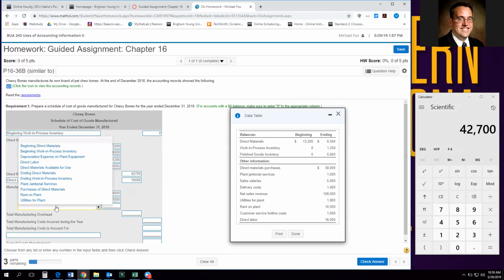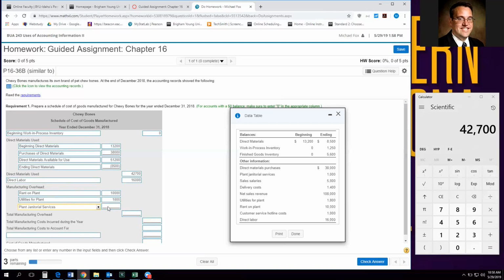So remember, manufacturing overhead are costs of manufacturing that we can't directly ascribe to any one product or anything we're making. So all of these things are plant-wide, meaning they are definitely costs of running our manufacturing plant, but they're not specific like direct materials or direct labor. So our total manufacturing overhead should be 12,800.